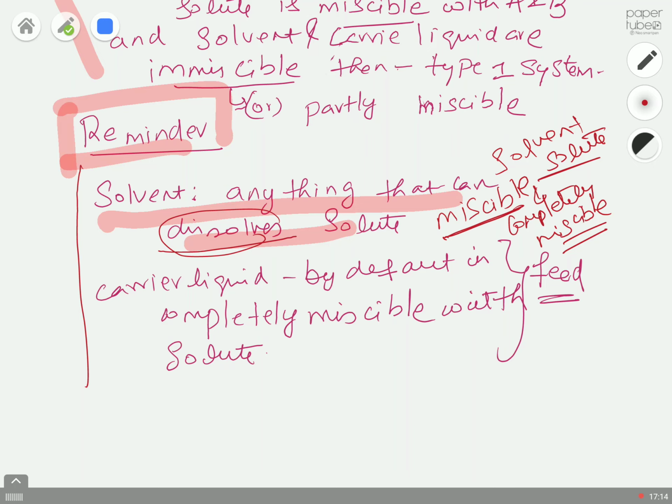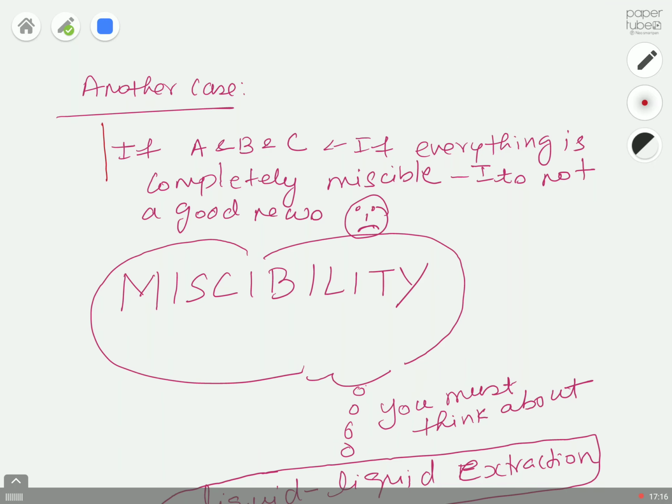And in another case, whenever you have a ternary system, say A, B and C, you all know what A, B and C are. If everything is completely miscible, it's really not good news. You will see some transparent liquid, and you don't know where your solute is, nobody knows. Because it's a completely homogeneous liquid, it's not good news. That's sad news.